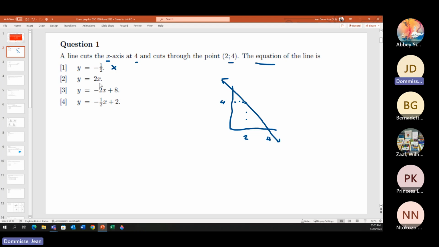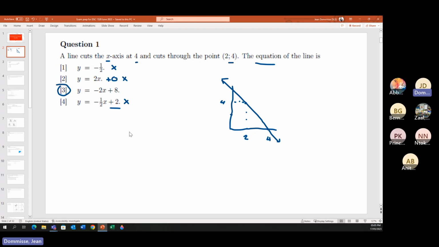If I look at this one, we could have said +0 to get what the C is. It's definitely not going through the origin, so it's not that. This line is supposed to cut the y-axis somewhere there, so I could have eliminated that already. Without working out too much, I could already get to the answer.